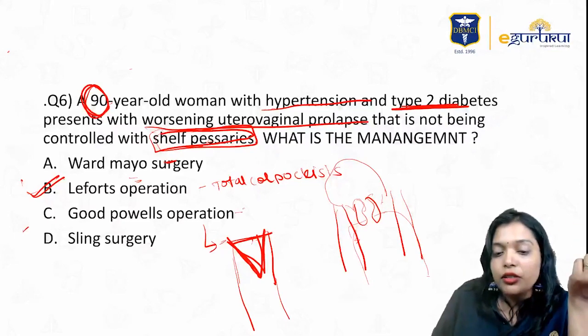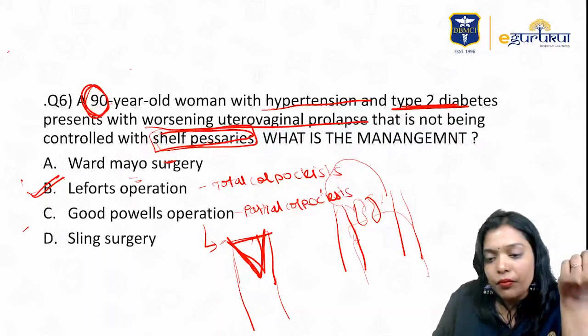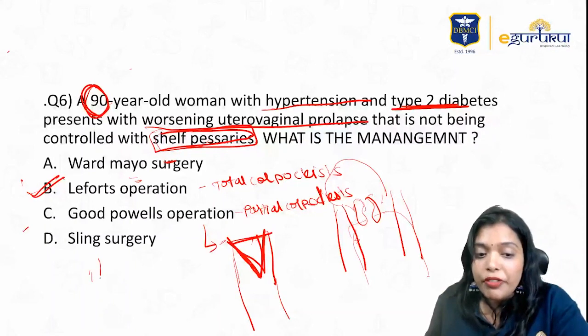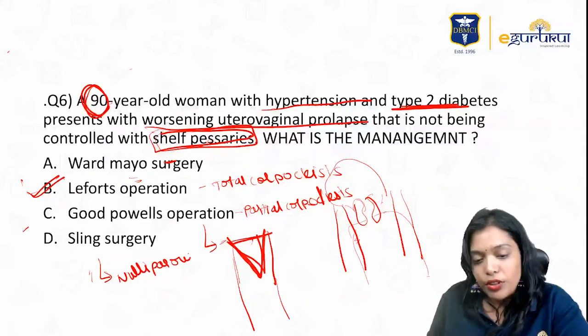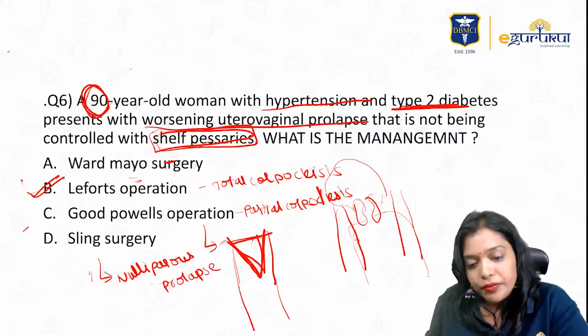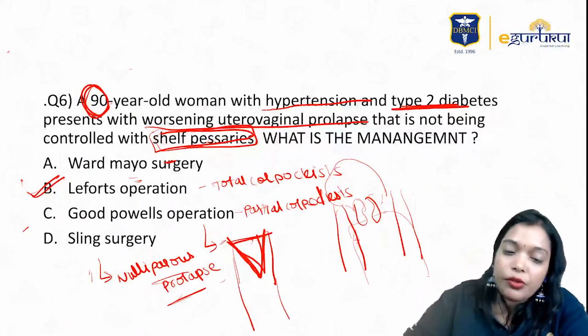So this is a partial colpocleisis. Sling surgery is usually preferred in nulliparous prolapse. Right? So here the answer is Le Fort's.